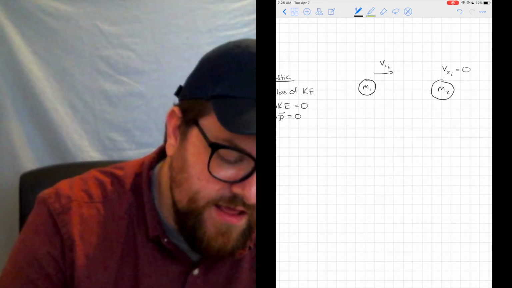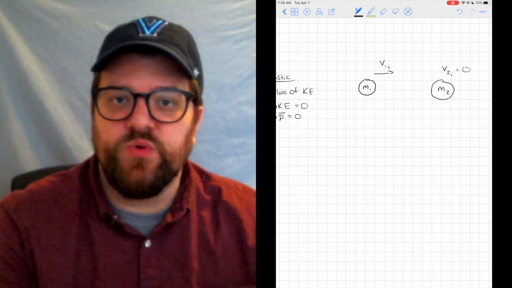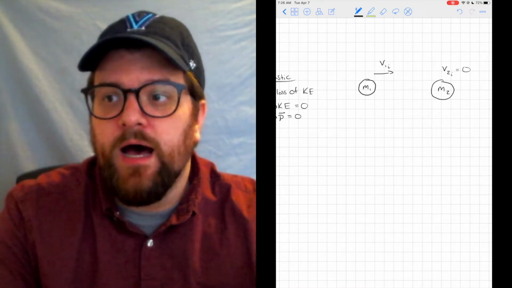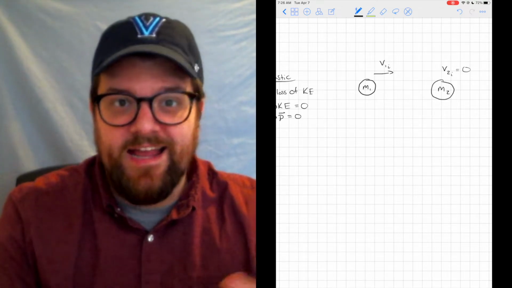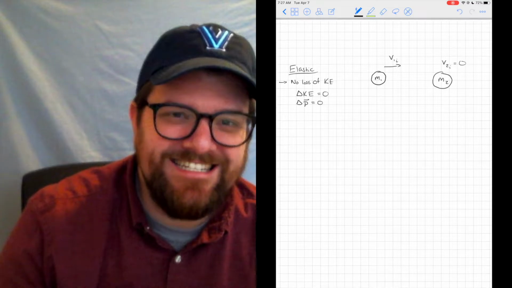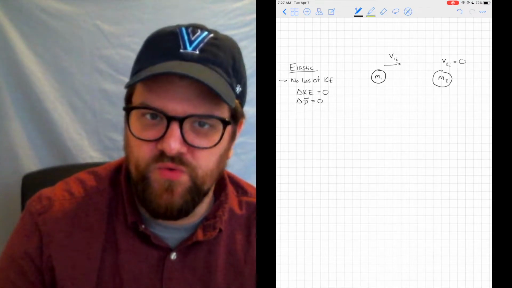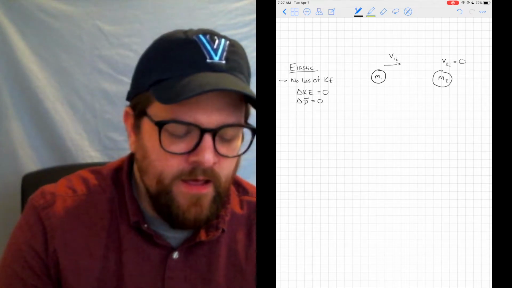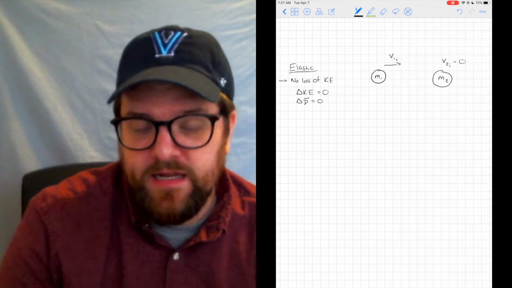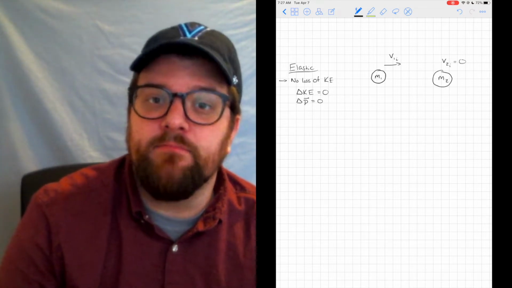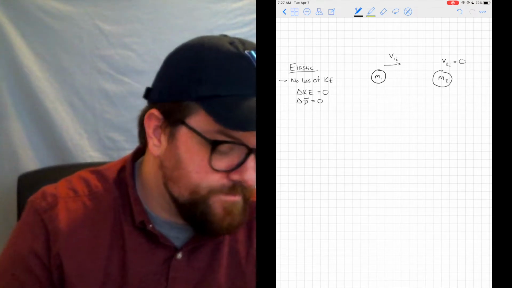When this initial object comes in, it's going to hit the object at rest, and then they will collide and transfer some momentum. I'm hesitant to say that they'll both move because there is a very specific scenario in which they don't. But by and large, M1 and M2 will collide and both begin to move.